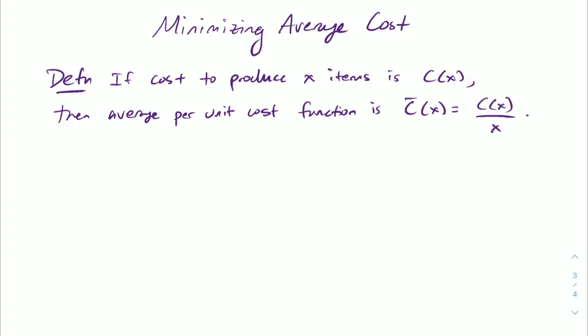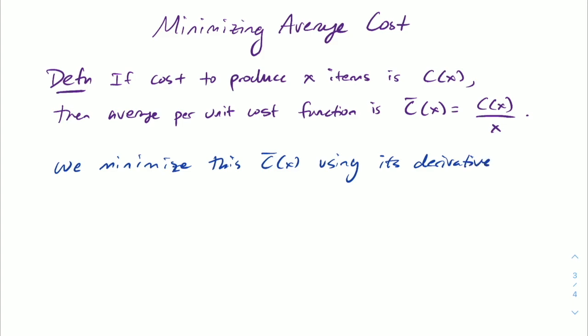And we can minimize this average cost function using its derivative. So let's look at an example.